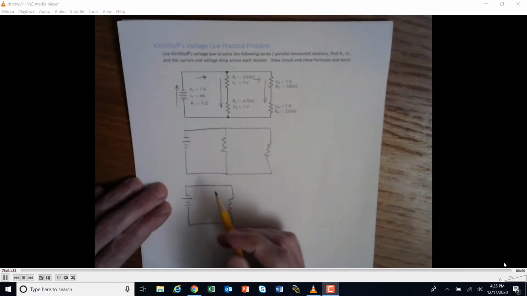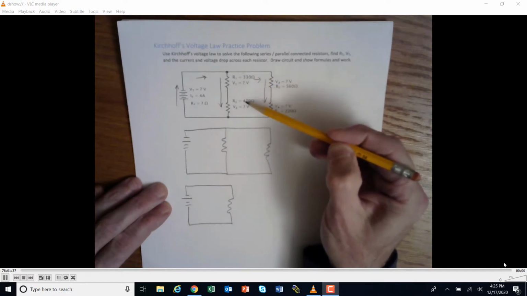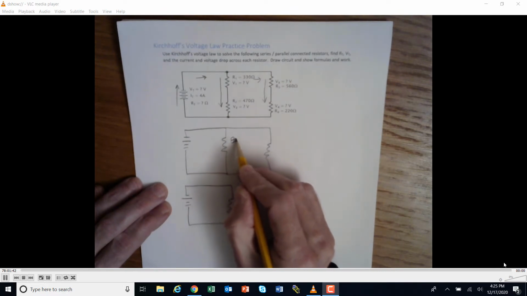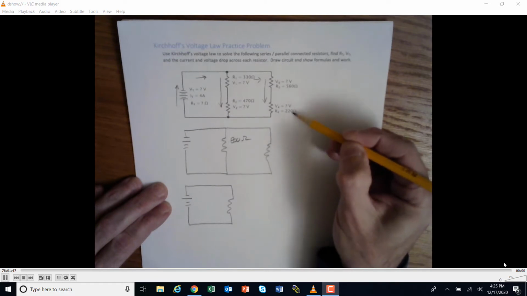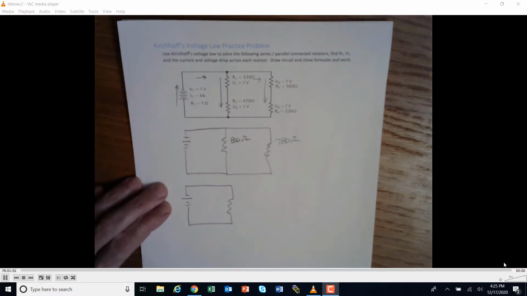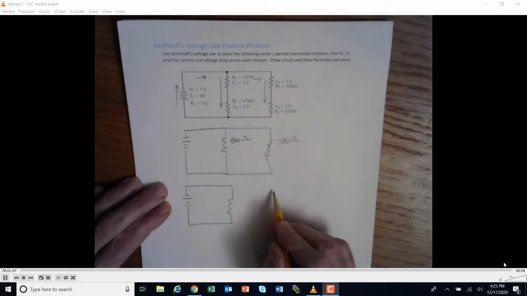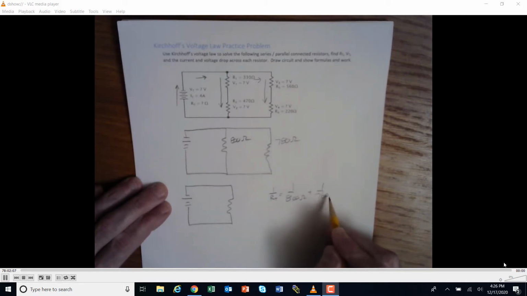Okay, and so when we did that, we saw that these series, which was 470 plus 330, was 800 ohms right here, and that this one was 560 plus 220, that was 780 ohms. Okay, and then if you recall, we did the parallel here where we had 1 over our total was 1 over 800 ohms plus 1 over 780 ohms.